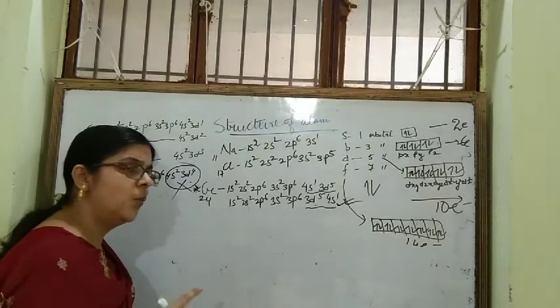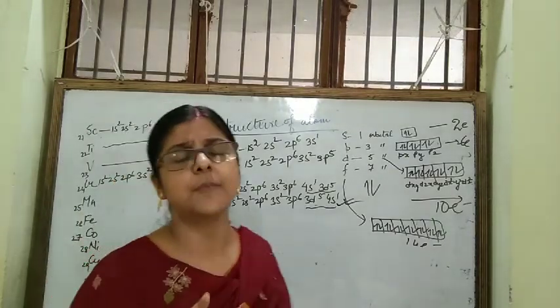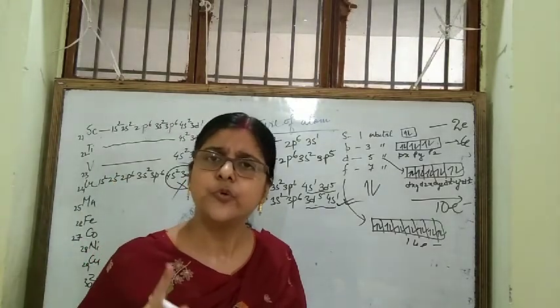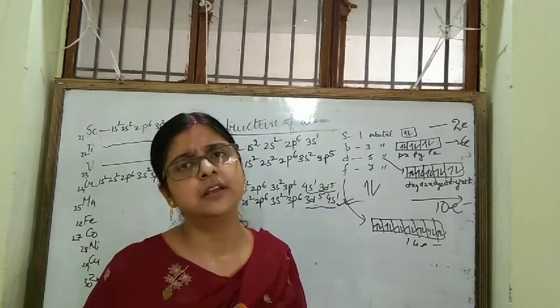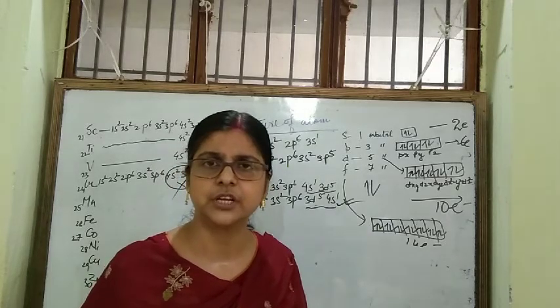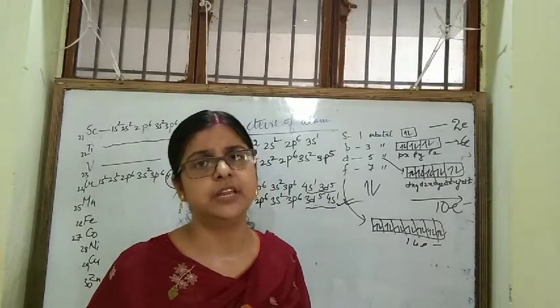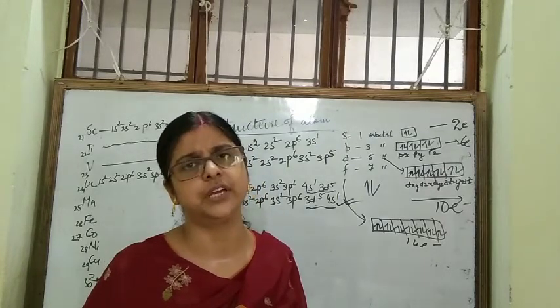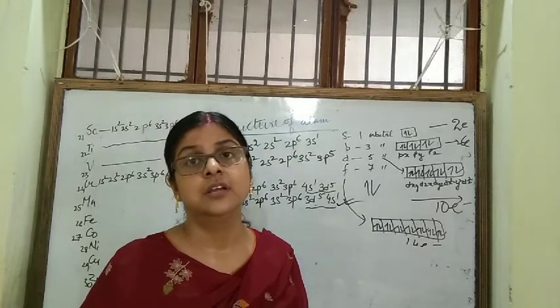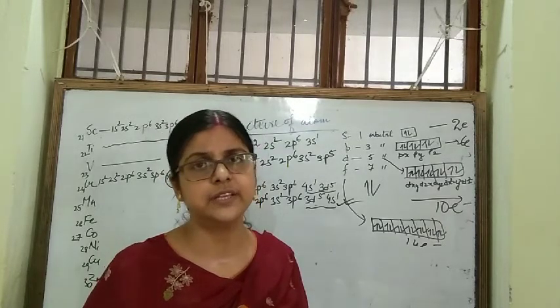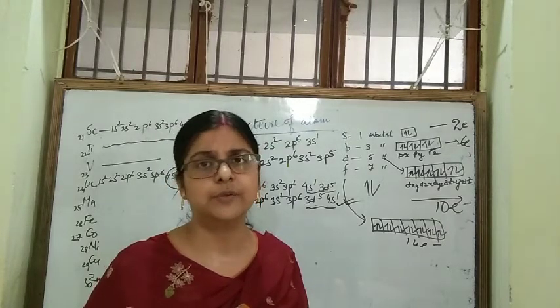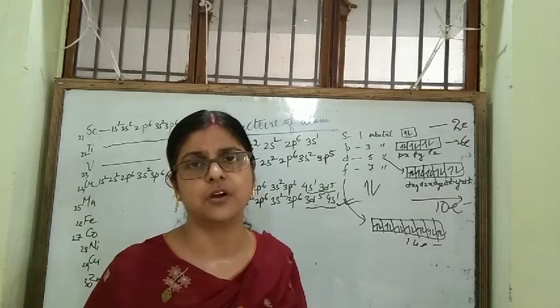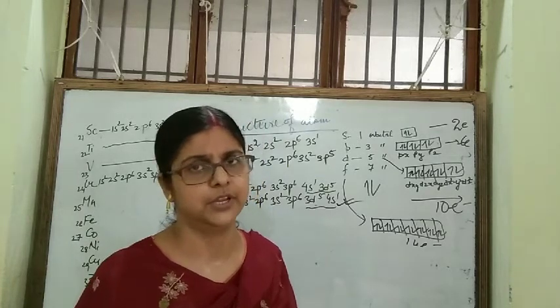Whenever an orbital is having full-filled or half-filled electronic configuration, then its stability increases. And due to stable electronic configuration, its energy decreases. So that will be the electronic configuration of the atom of the element.